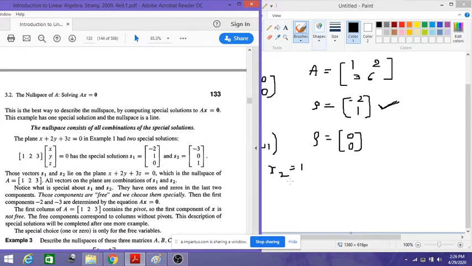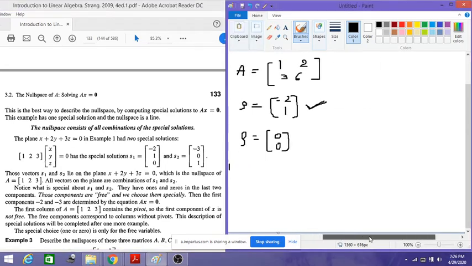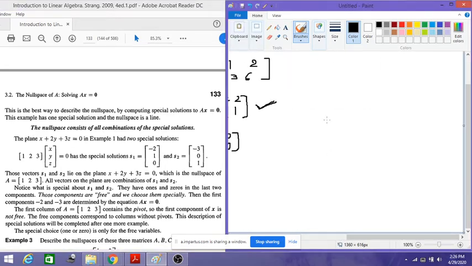Likewise, let us take one more example here with 3 unknowns and one row. If I write here again, let us take this 1, 2 and 3, and this is x, y and z. We have 3 unknowns, which is equal to 0. Now if you look at it once again, we will get different solutions for this case. Why?